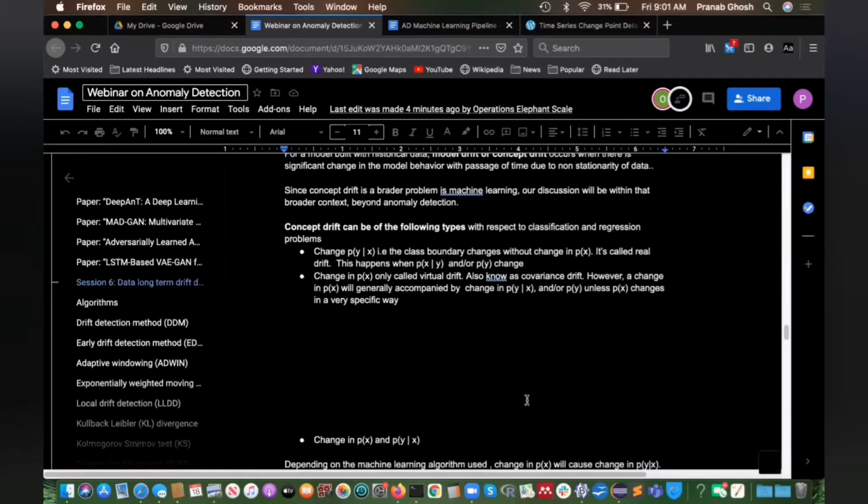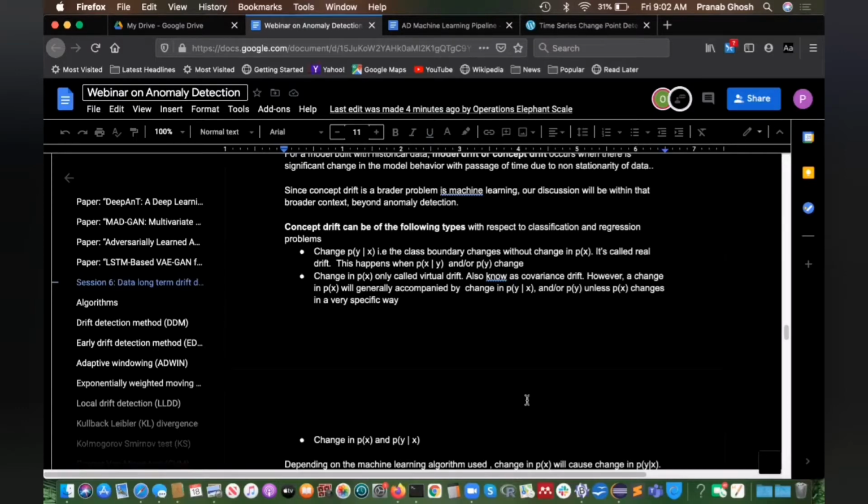So to be more precise, for prediction problems, for example, if the posterior probability P of Y given X changes, it means that the classification boundary is changing for a classification problem. When this probability is changing, it's called real drift.